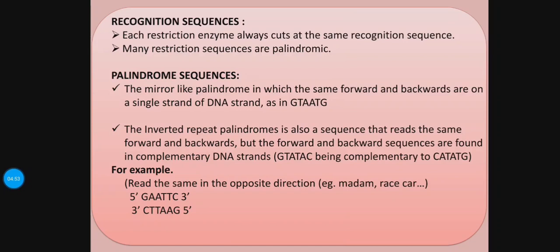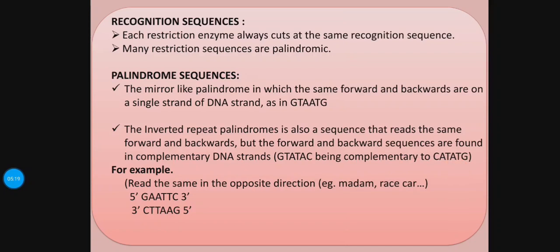Or sometimes these recognition sequences are inverted repeat palindromes. This is a sequence where we can read the same forward and backward, but the forward and backward sequences are found in the complementary DNA strand. So here I am taking the example GTA TAC, which is complementary to CAT ATG.